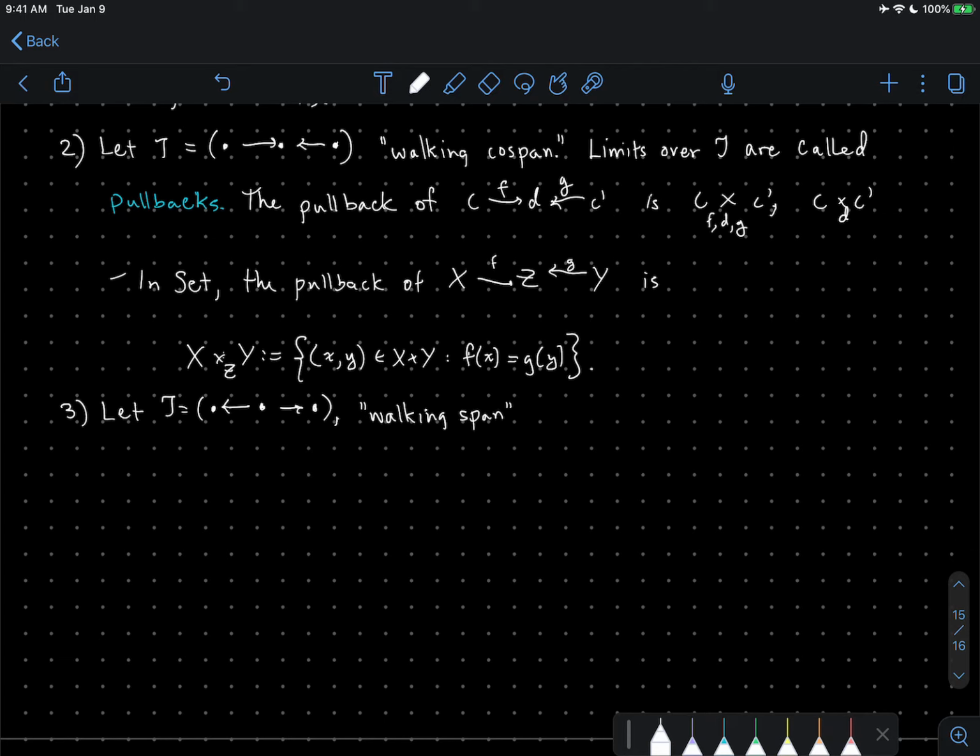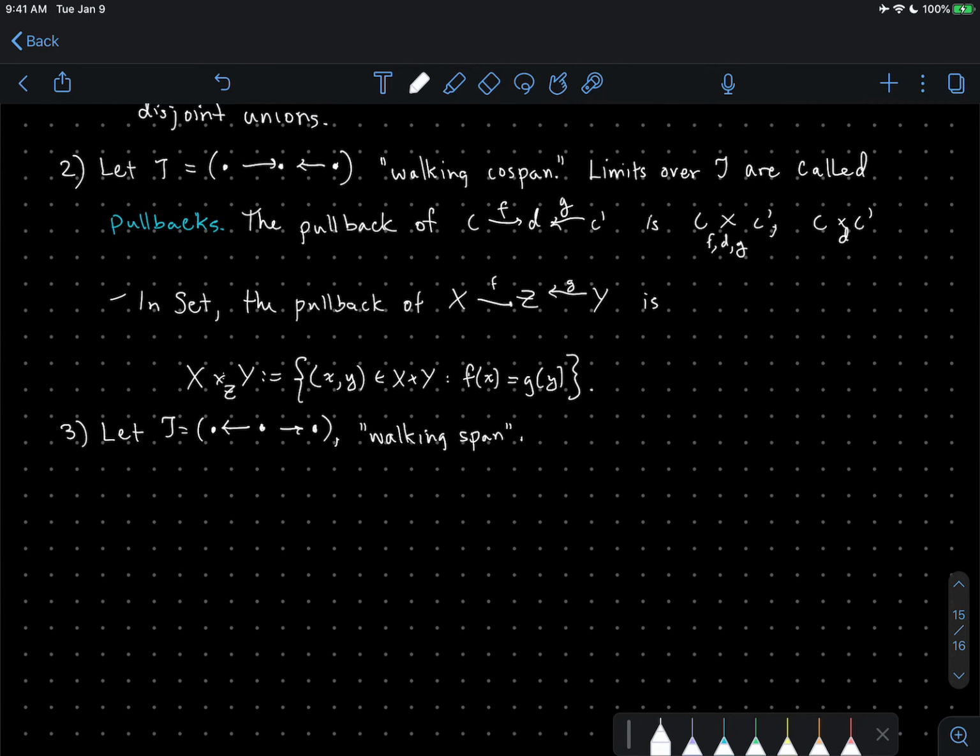This adjective walking means that a functor out of your diagram is the thing that comes after it. So walking cospan, a functor out of that gives a diagram called a cospan. Similarly, the walking span gives a diagram called a span.